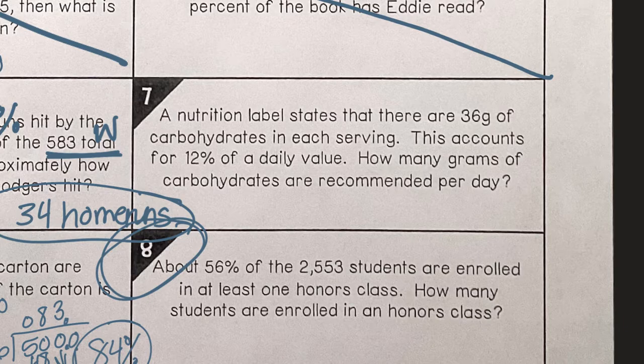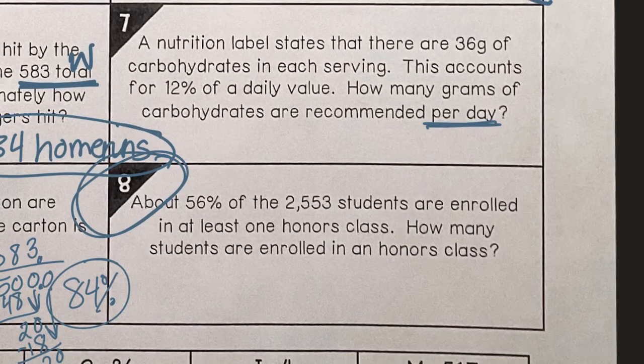So for question 7, it says a nutrition label states that there are 36 grams of carbohydrates in each serving. This accounts for 12% of a daily value. How many grams of carbohydrates are recommended per day? Okay, so let's think about what we have here for our proportion.